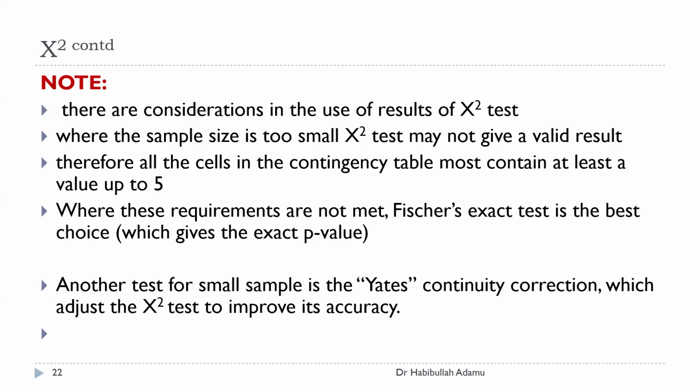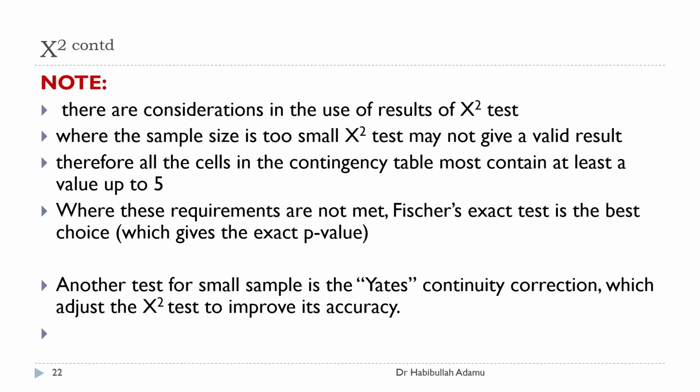Is the frequency up to 5 in each cell? Once it's up to 5 in each cell, go ahead and use your chi-square test. But if there is even one cell with a value less than 5, then it is not wise to use chi-square test, because the result you get might not be very valid.